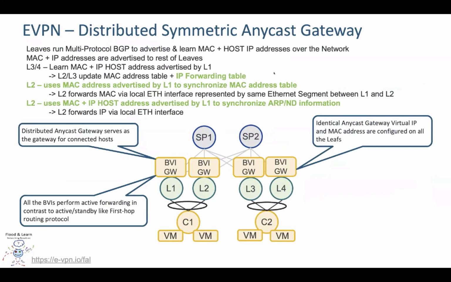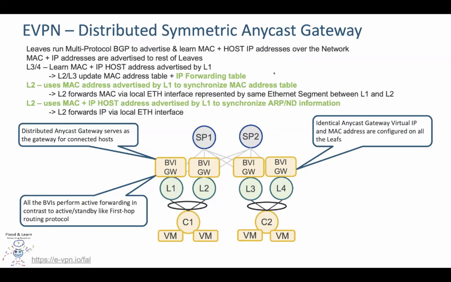Here, in this case, imagine that you want to have your default gateway connected directly on the leaf, right? From the VM point of view, your default gateway is on leaf 1, leaf 2, leaf 3, and leaf 4. How will I achieve something like this when I have one single segment?